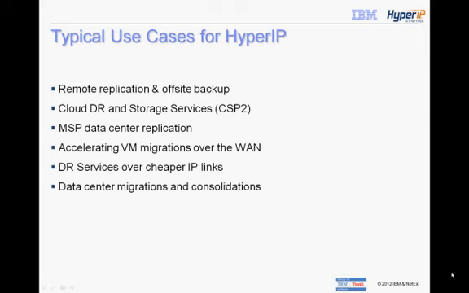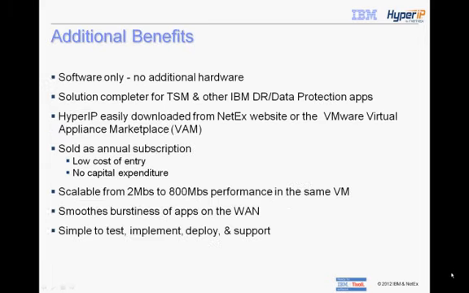This allows you to implement data migrations or DR services over much more inexpensive IP-based links. Consolidations and migrations are done considerably more efficiently and much more cost-effectively across the board.